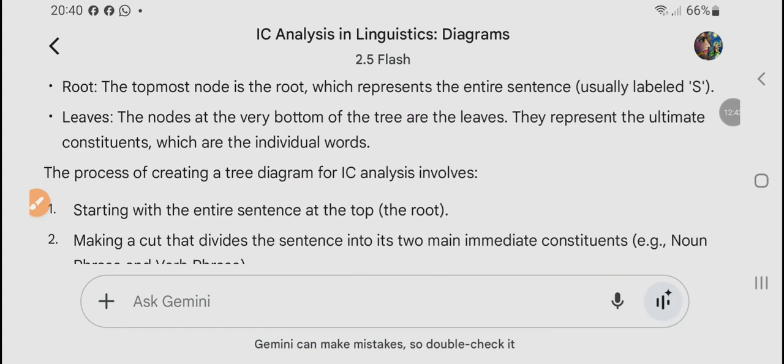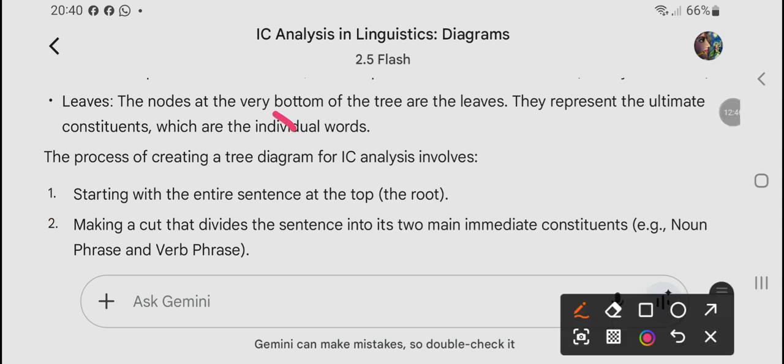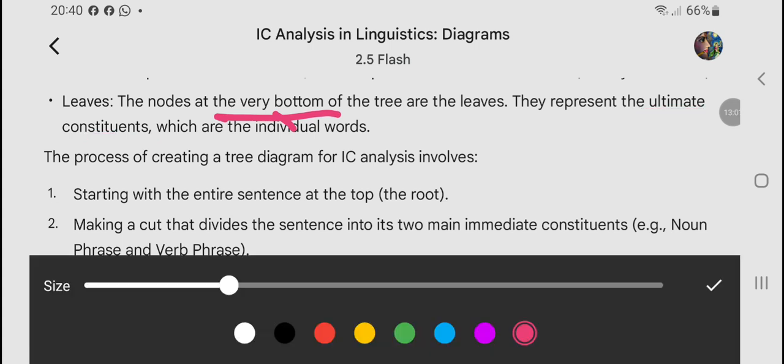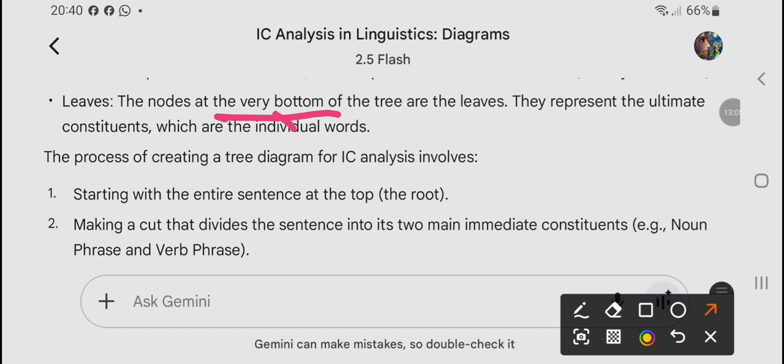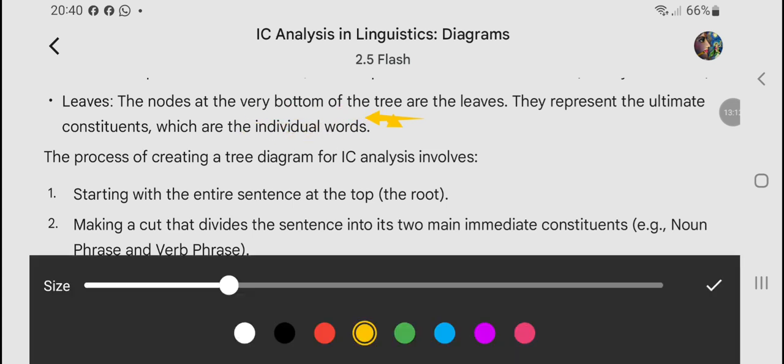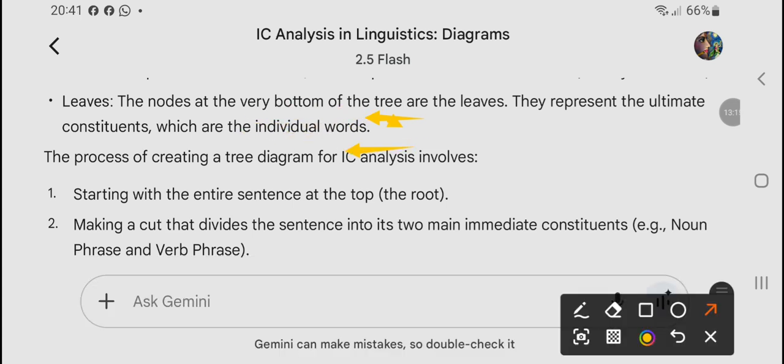The nodes at the very bottom of the tree are leaves. They represent the ultimate constituents, which are the individual words. Okay, fine.